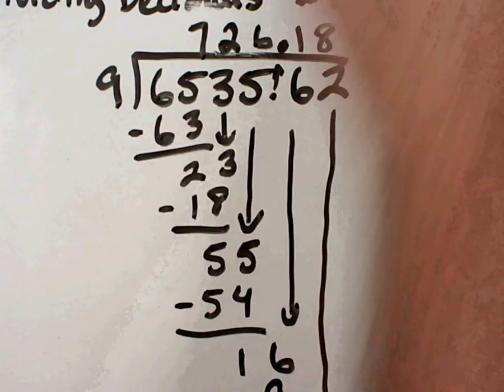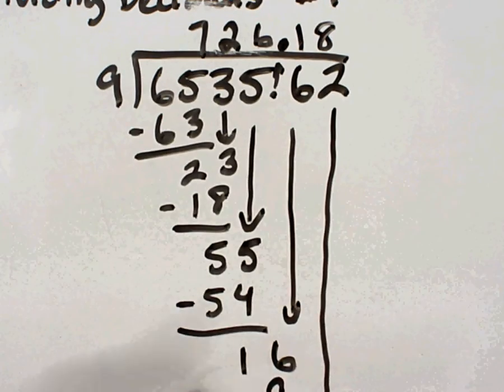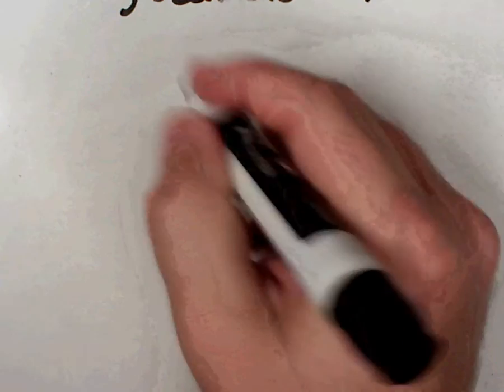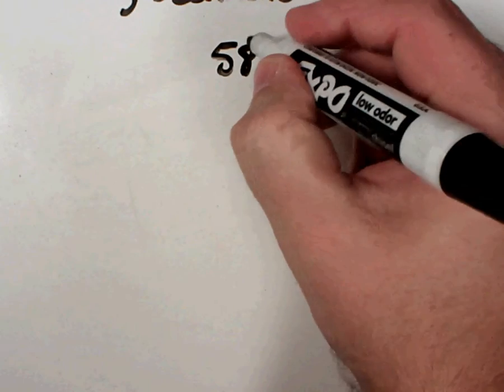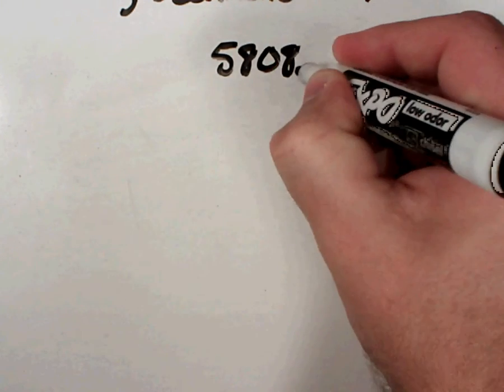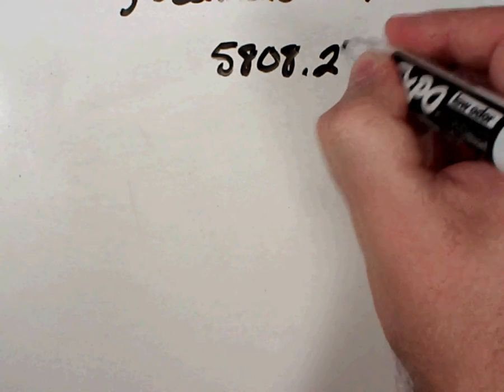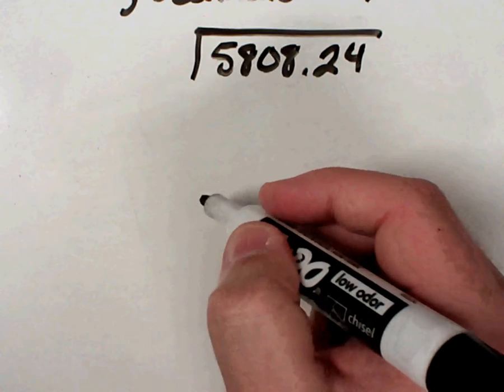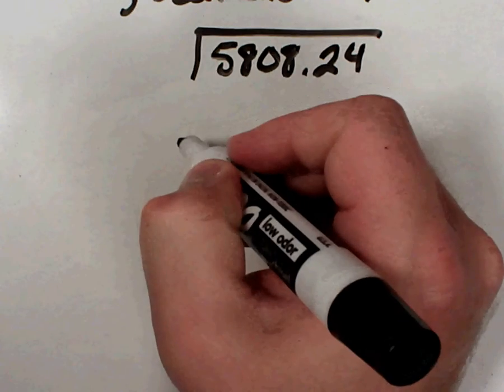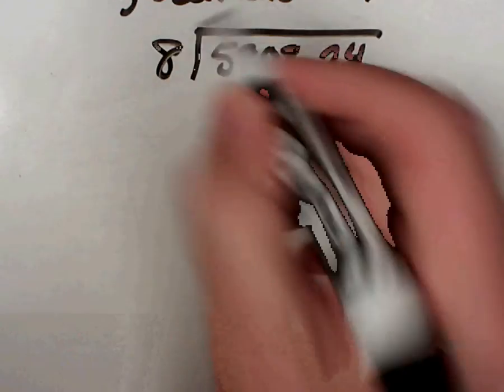All right, last one for this first set. This is again going to be another lengthy one. 5,808 and 24 hundredths divided by 8.